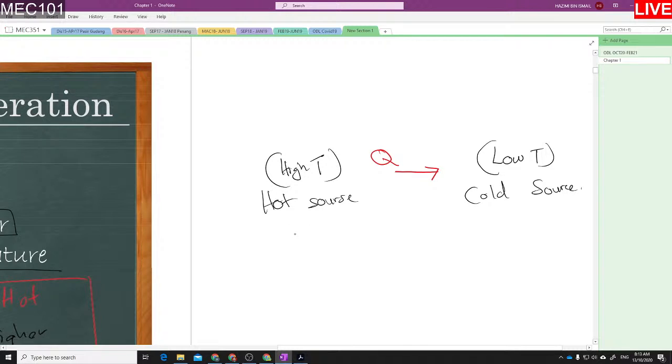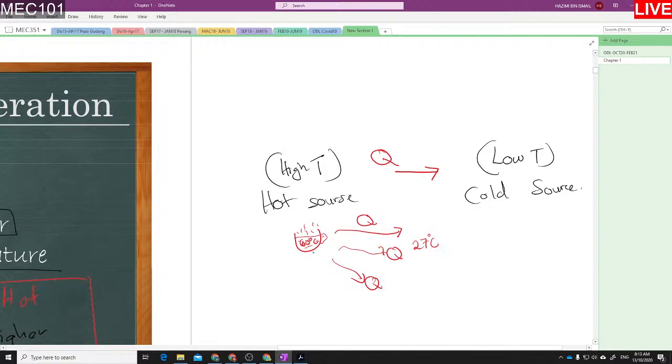As an example, a cup of coffee: you leave it 2 or 3 minutes, the temperature will go down. The coffee may be around 60 degrees Celsius.